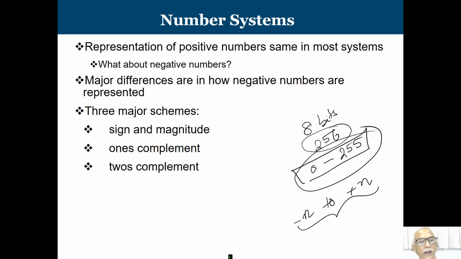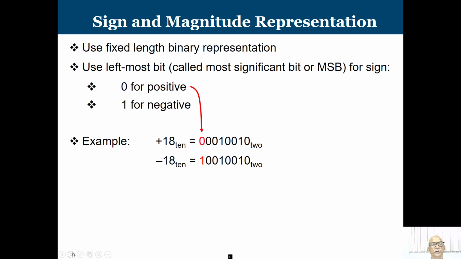For that, we have 3 different schemes: sign magnitude, 1's complement and 2's complement. In sign magnitude, one particular bit is reserved for indicating the sign, and generally the most significant bit is used to represent the sign.